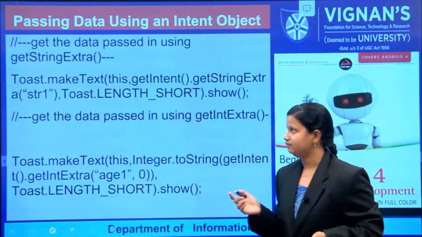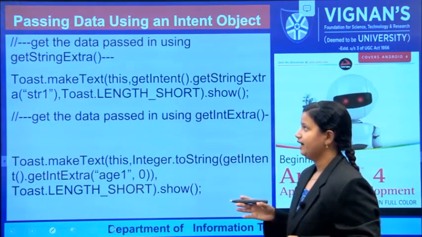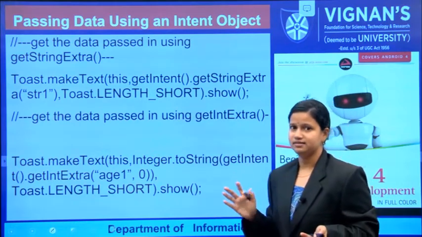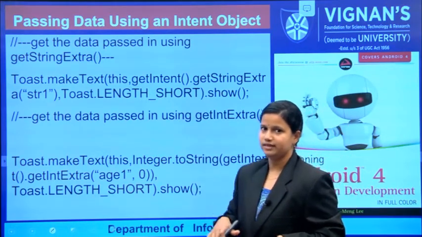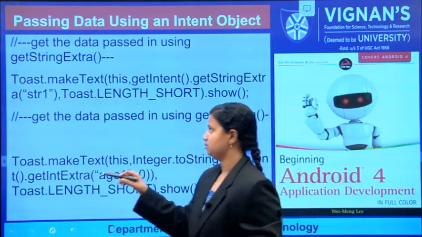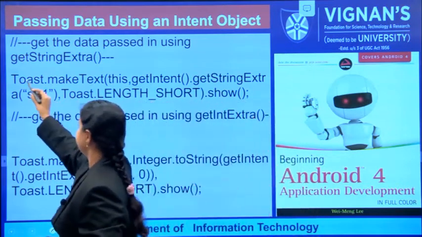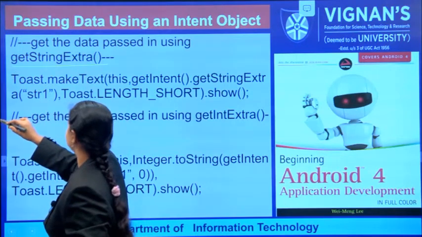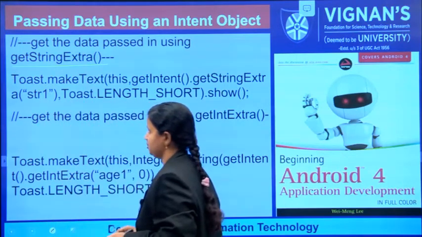And what about the third way? Up to now we have been setting the information. How do we get the information? To get the information we have to use the getStringExtra method.